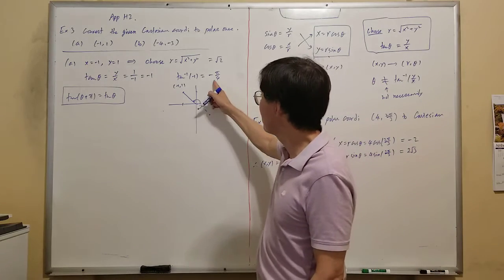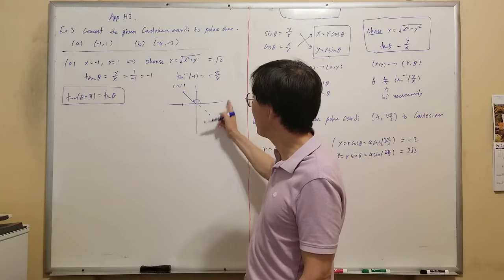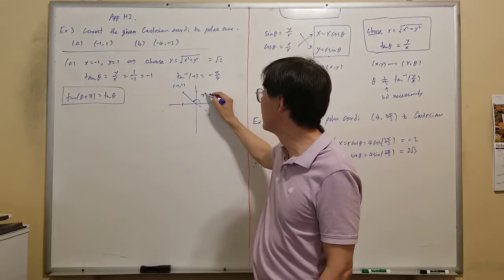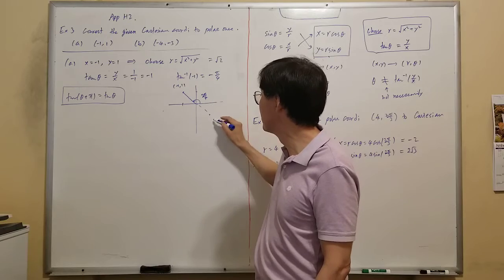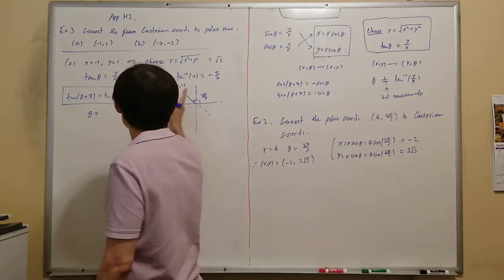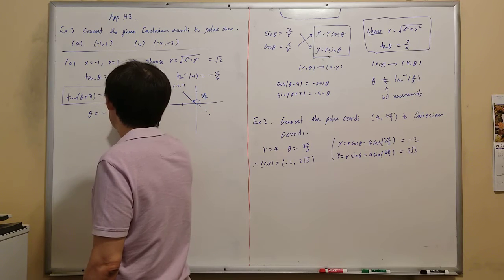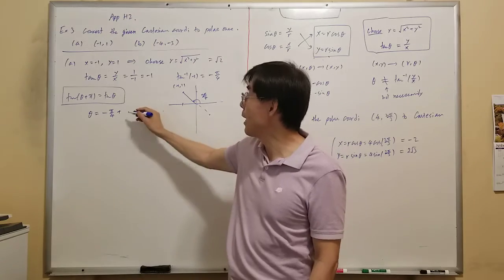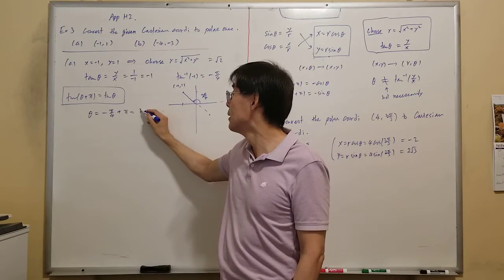So if it is not minus pi over 4, then add pi more. Adding pi, 3 pi over 4. Okay? So our theta has to be not minus pi over 4. If that value gives you a wrong quadrant, then you just have to add pi.